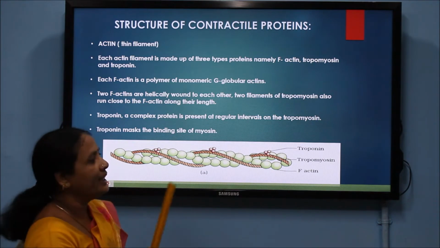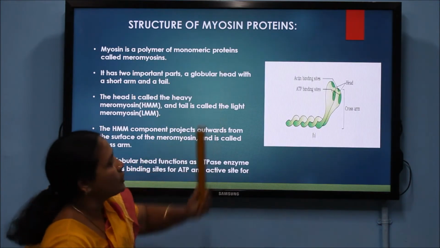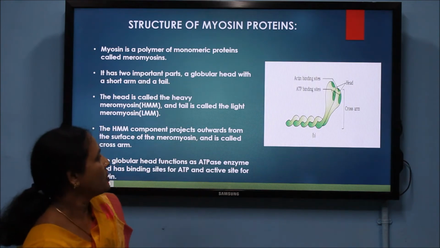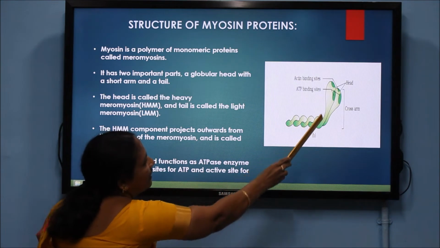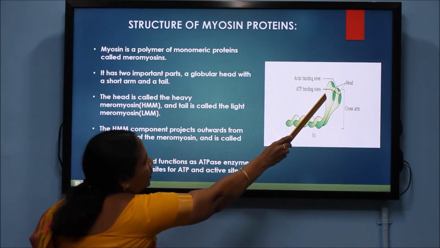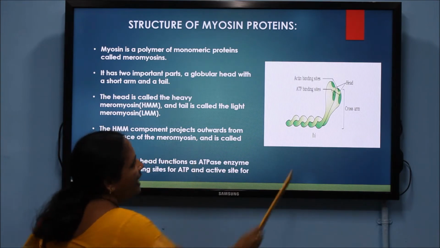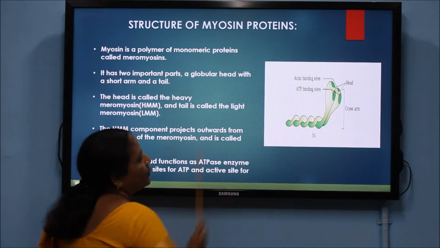The next protein is the myosin protein. We will see the structure of the myosin protein. It has three portions: the globular head portion, a small arm portion, and the tail portion.